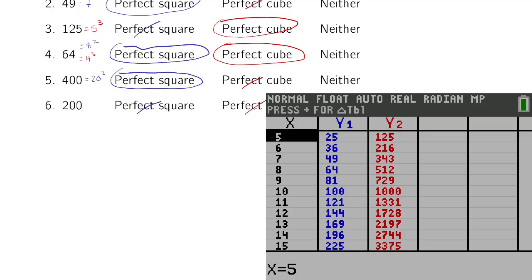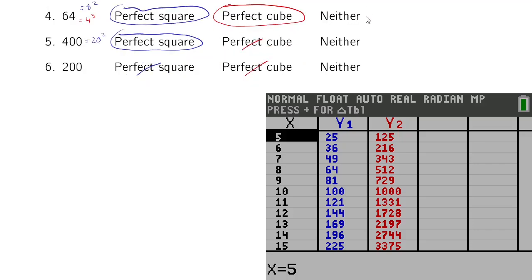So it's not a perfect cube. It wasn't a perfect square, it wasn't a perfect cube, it's neither one. So that's how we use a table like this to identify whether or not numbers are perfect squares, whether or not they're perfect cubes.